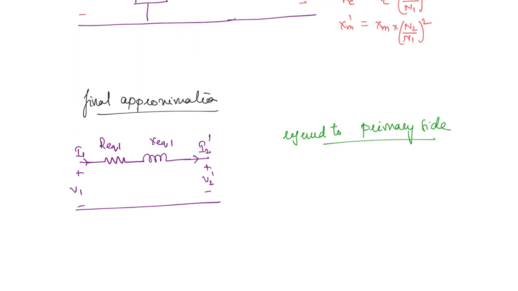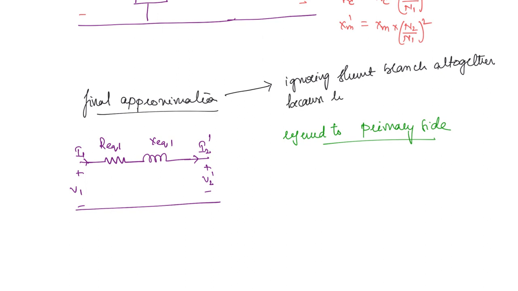So here also the final approximation is ignoring the shunt branch altogether, because the load current is very small. When you are referring to the primary side, R equivalent 1 is going to be R1 plus R2 dash, X equivalent 1 is going to be X1 plus X2 dash.